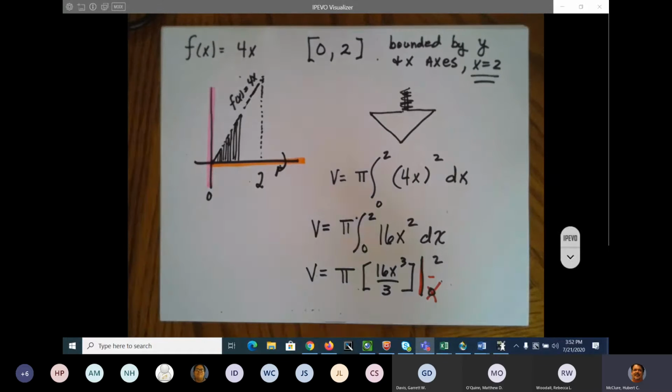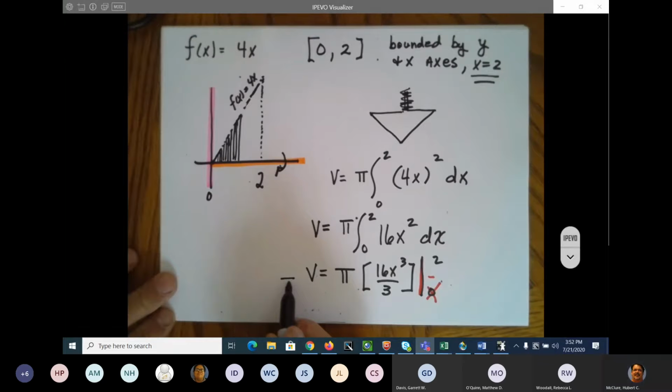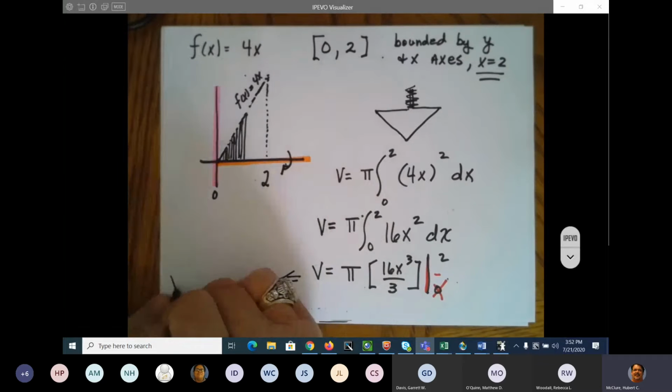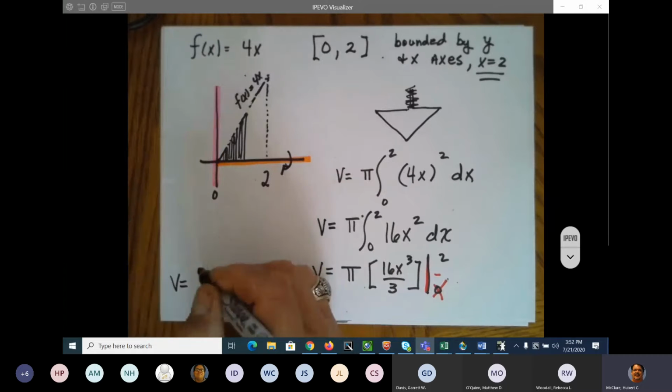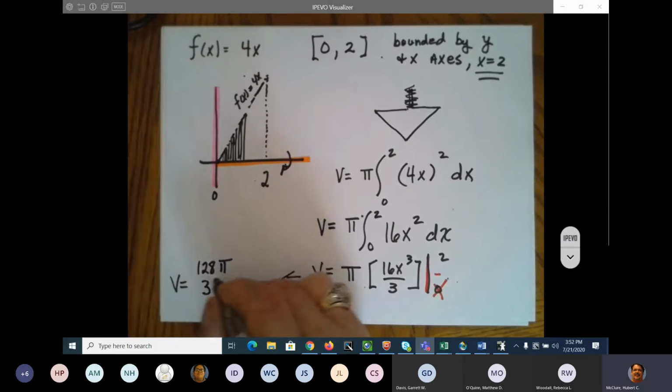So that's going to be 16 times 8 over 3. So I'm going to go over here. And that's going to be V is equal to 128 pi over 3 cubic units.